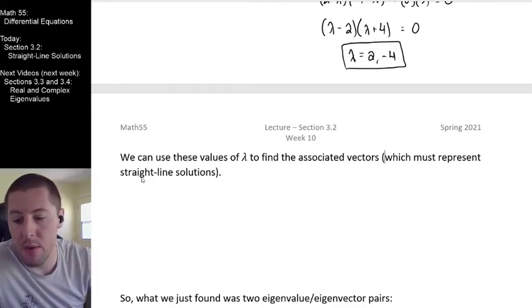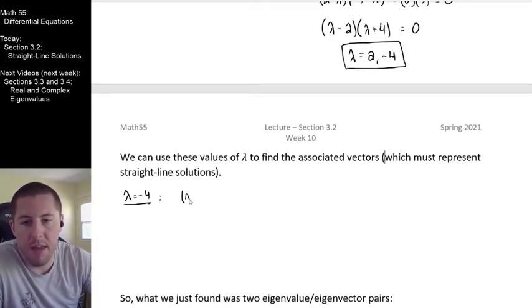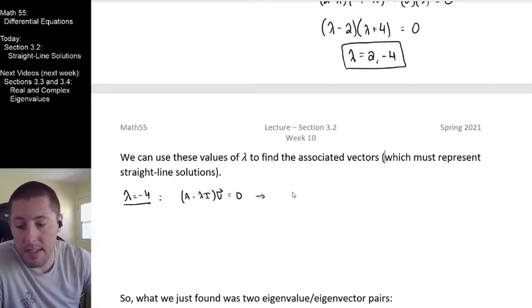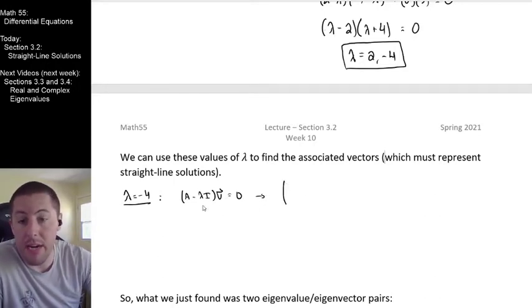So let's go ahead and do this here. What I want to do is return to my A minus lambda I times v equals 0 setting. So given that lambda equals negative 4, we're going to do the same math twice here, right? I've got that my A minus lambda I times v is equal to 0. And in our setting, A minus lambda I, we now know what lambda is.